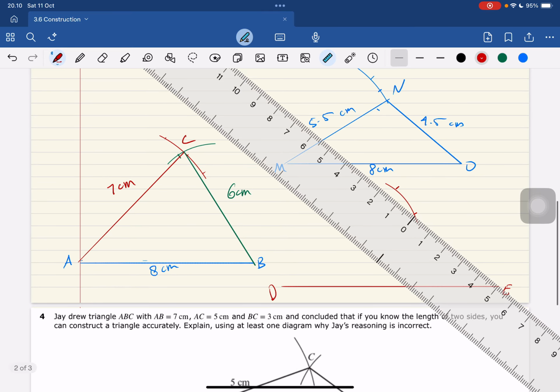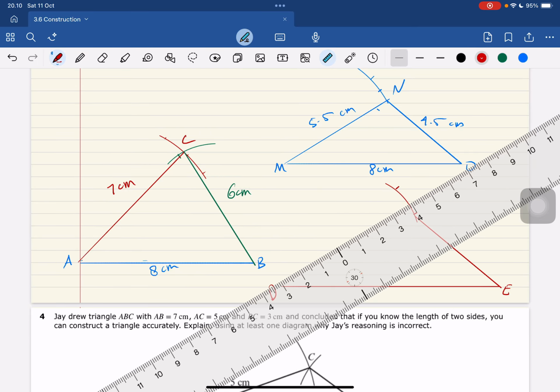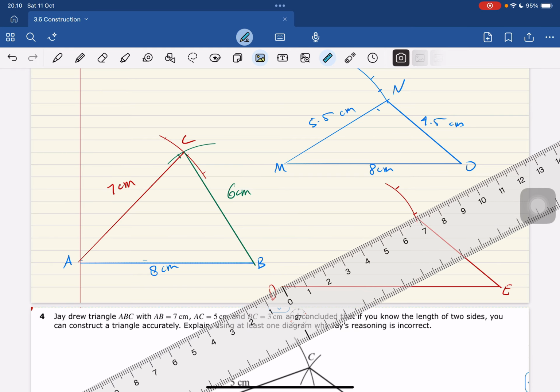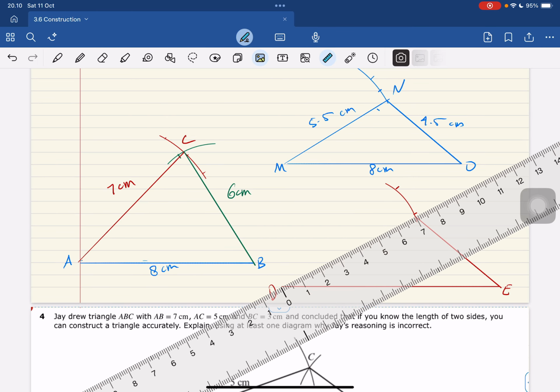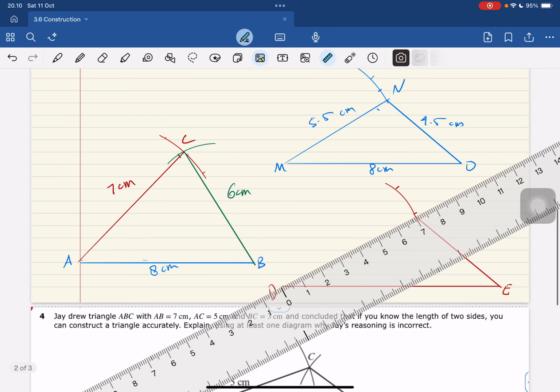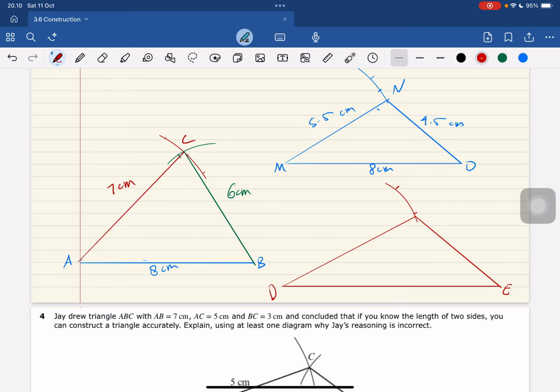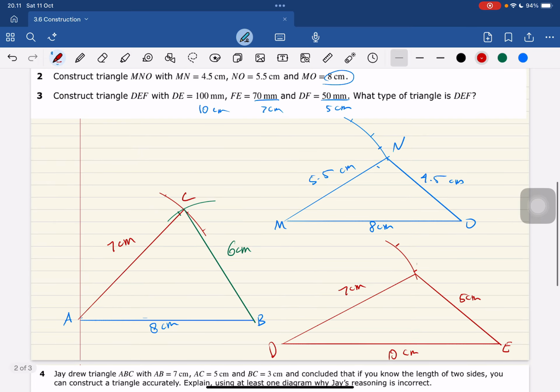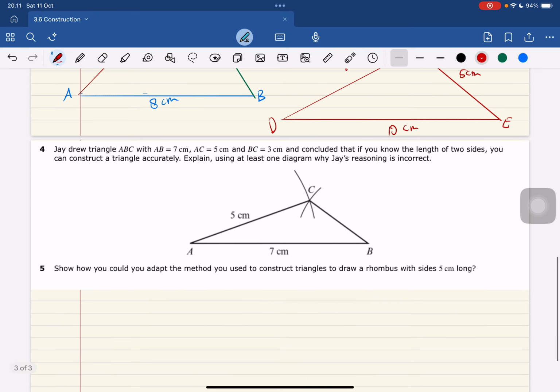So 5, we can write it here, and 7 here. Okay, we got it. This is 10 centimeter, 7 centimeter, and 5 centimeter. So this is DM.